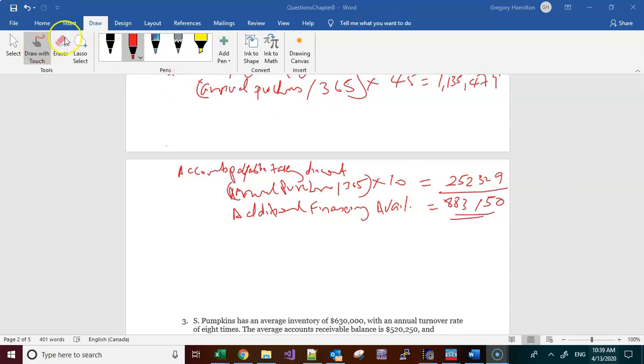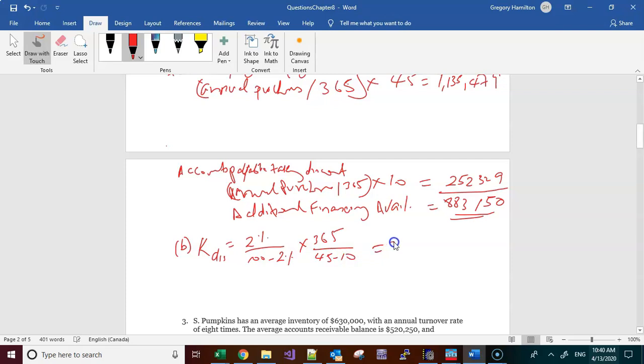So what is B asking us for? B becomes simple, right? Because B is just asking us to calculate the cost of not taking the discount. So we're calculating K, which is equal to 2% over 100 minus 2%, multiplied by 365 over 45 minus 10.